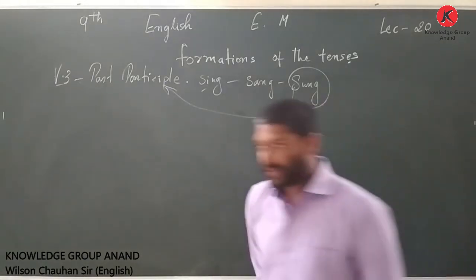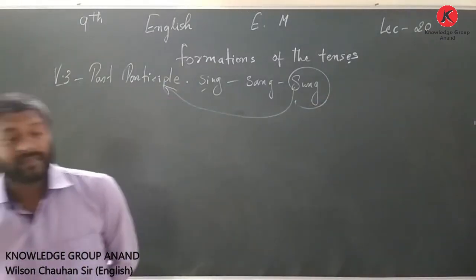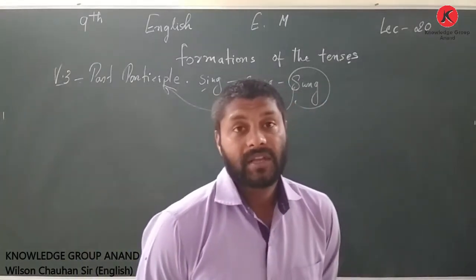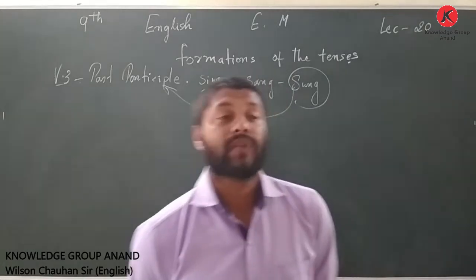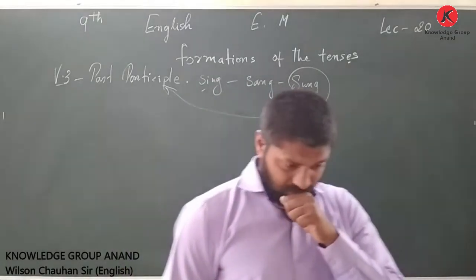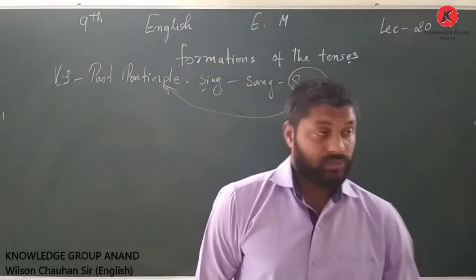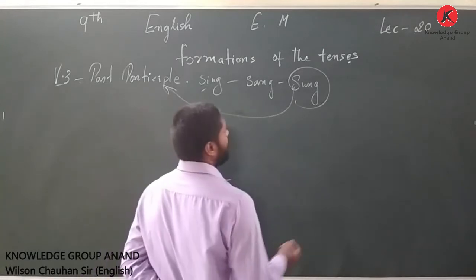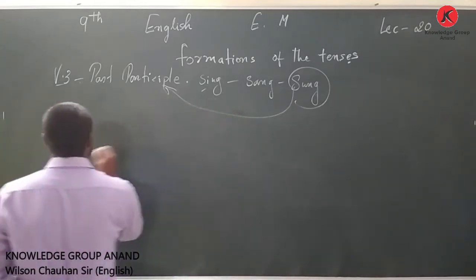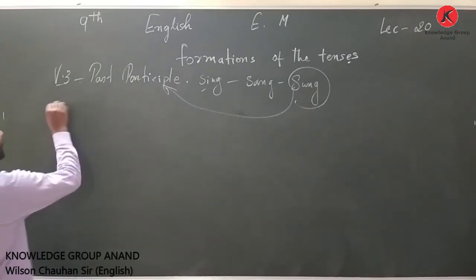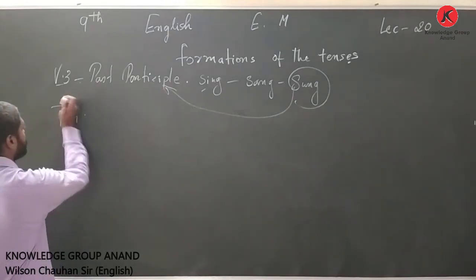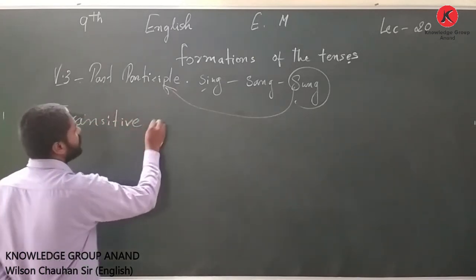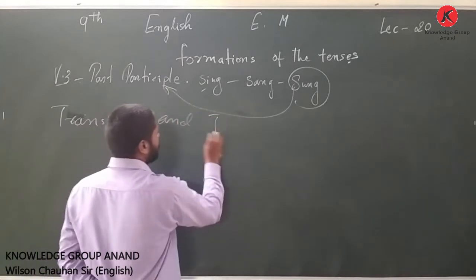Now after these, there was another question which was a confusing one for most of us, because when I asked you to write the examples, you wrote that she went to Ahmedabad. Okay? Now, in that I told you, dear friends, that verb can be of two different types, transitive and intransitive.